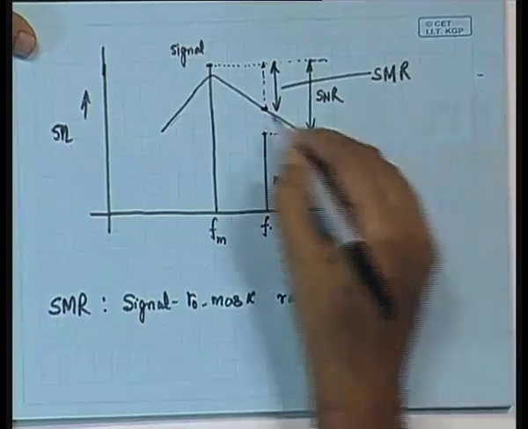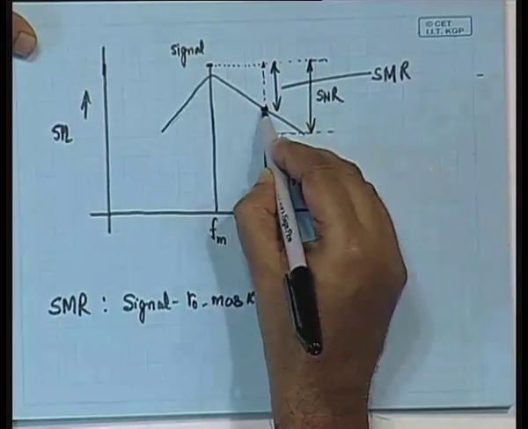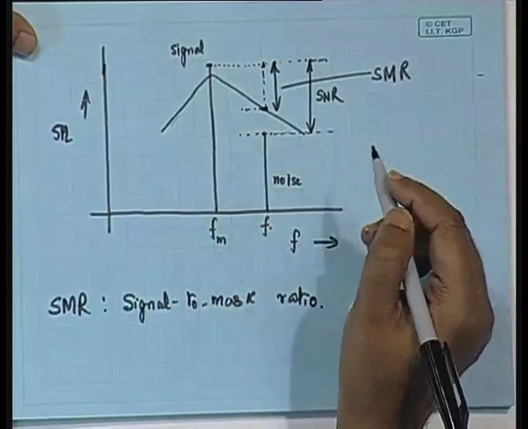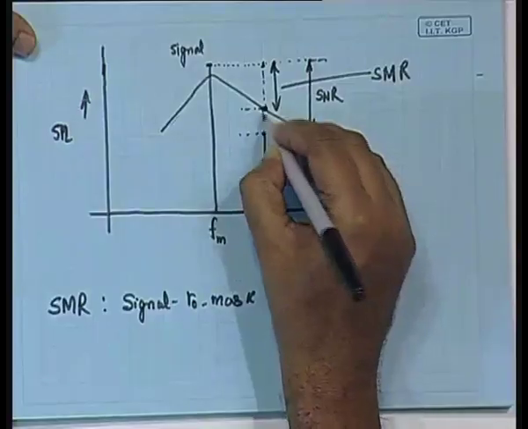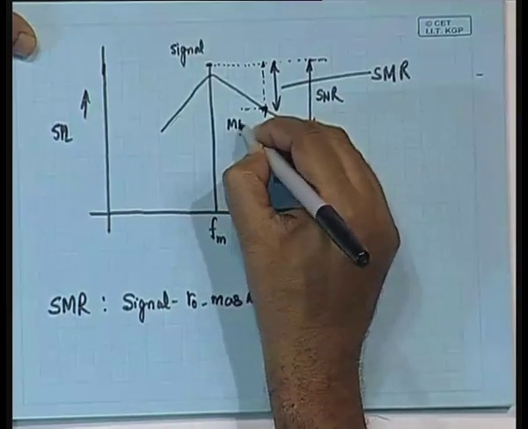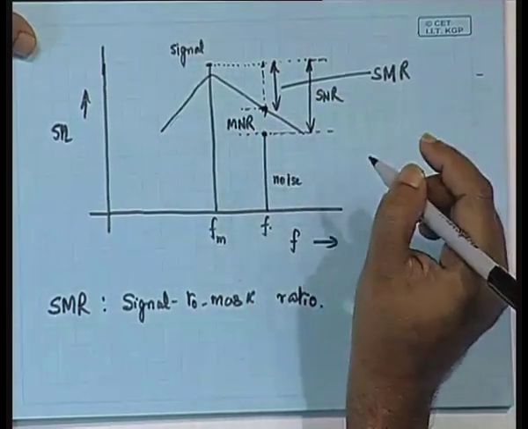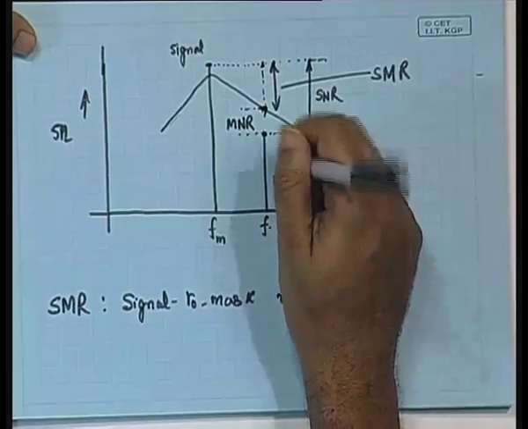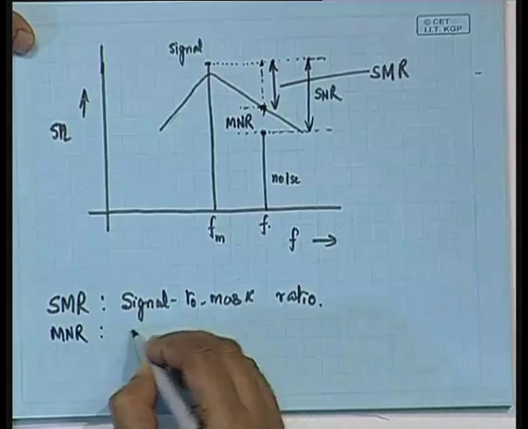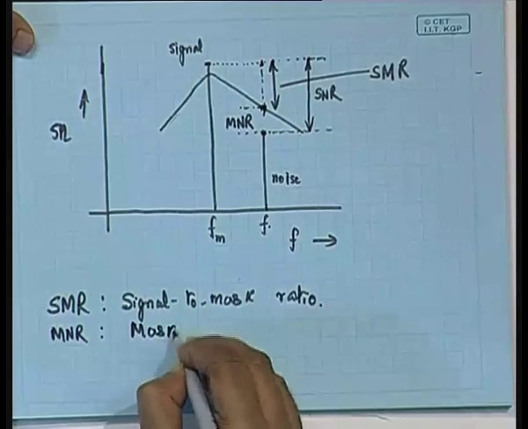And here what you find is that from the masking threshold up to the level of the noise, you have a difference of this much, and this difference is referred to as the mask to noise ratio, again at the frequency f. So, MNR is the mask to noise ratio.